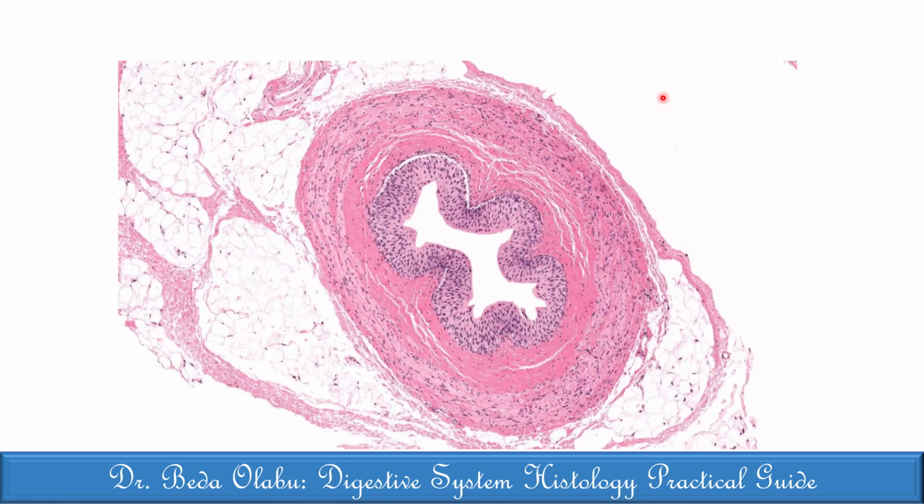We said there's the taenia coli, which would be present if it were in the colon, so it's not the colon either. And the outer membrane is not looking too thick, so I'm not really thinking of the stomach either. So maybe that leaves the rectum.